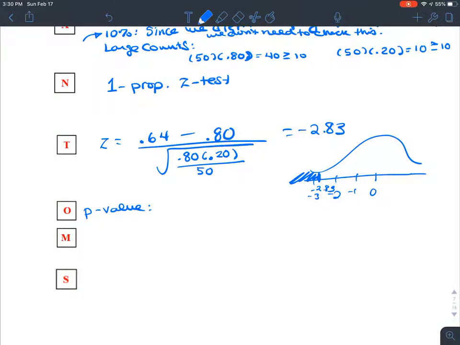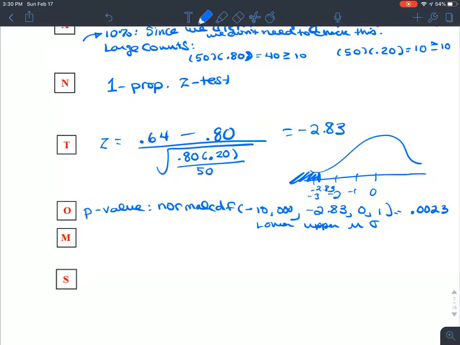Okay, this is where we would maybe just use the calculator feature, normalcdf. I'm going to go negative 10,000, comma negative 2.8301. Okay, that's my lower, upper, mean, and standard deviation. That gives me the probability of getting that sample proportion or more extreme or worse, 0.0023.